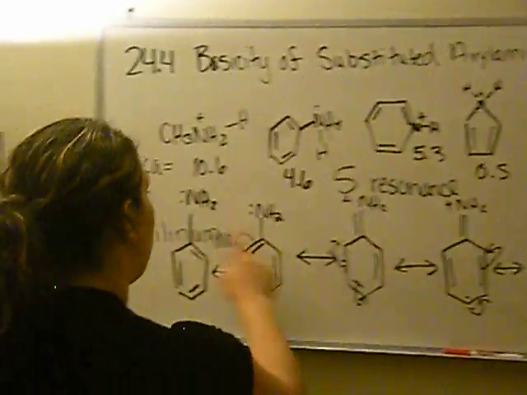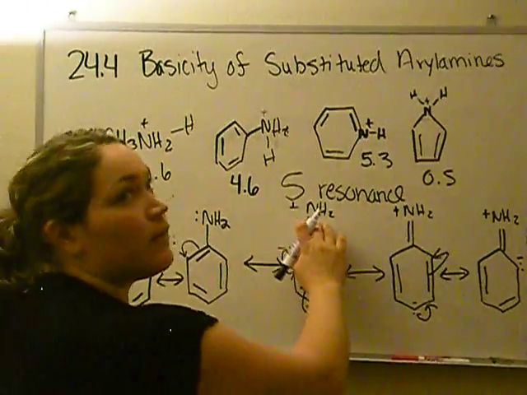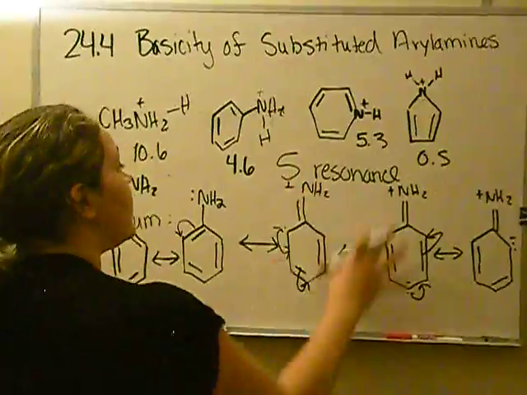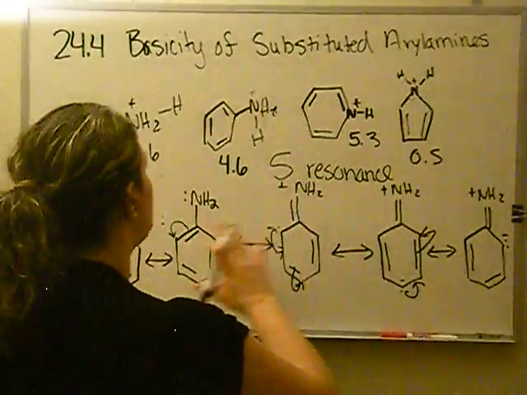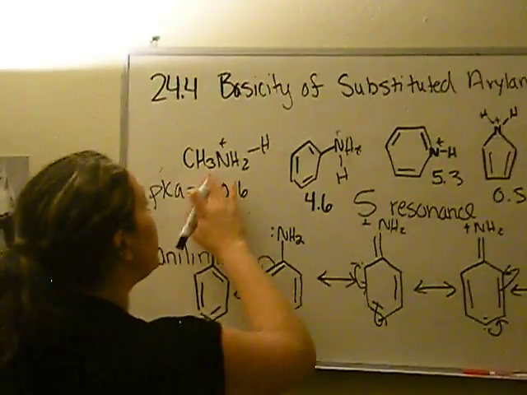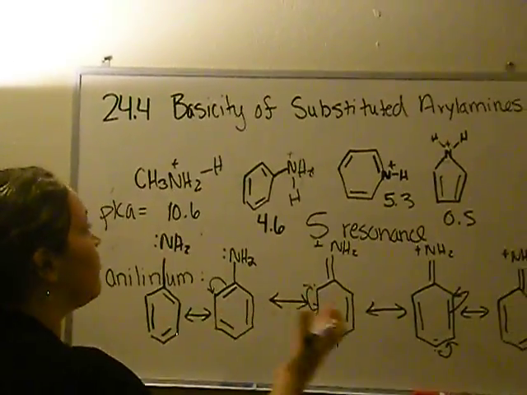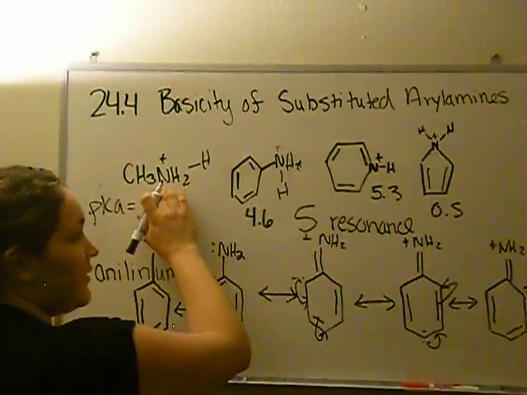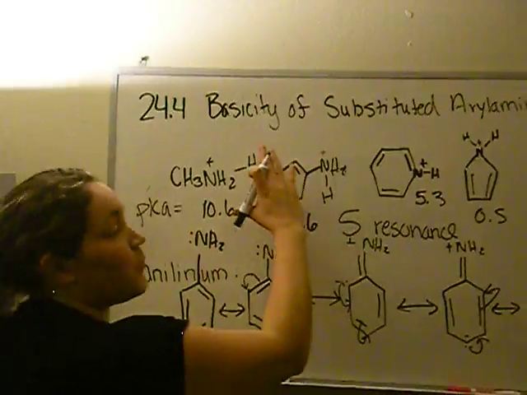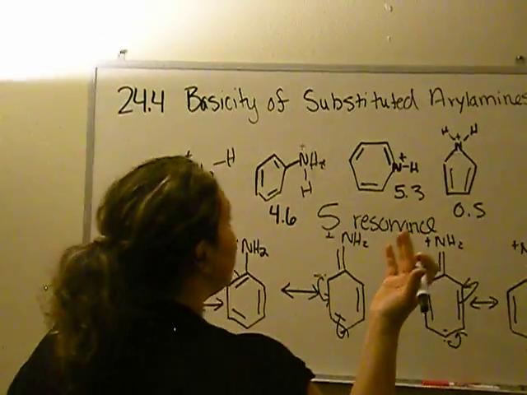So basically, the 5 resonance structures make this nitrogen far less likely to want to gain a hydrogen because of the resonance stabilization throughout the whole molecule. On this one, it's just bonded to a methyl group, which doesn't really have any pull, so it actually holds more of the negative energy.